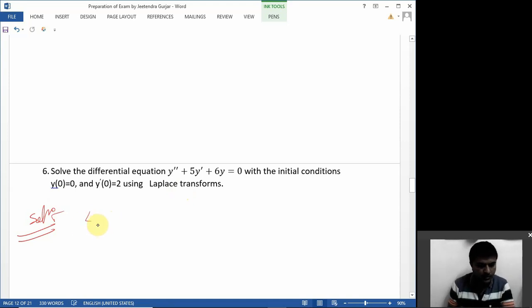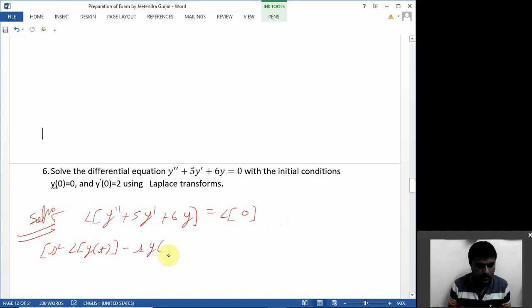Okay, so Laplace transformation of y'' + 5y' + 6y, is it clear, is equal to Laplace transformation of 0. So this is equal to s² L of y(t). This formula I have already given in the description box, please go through that.